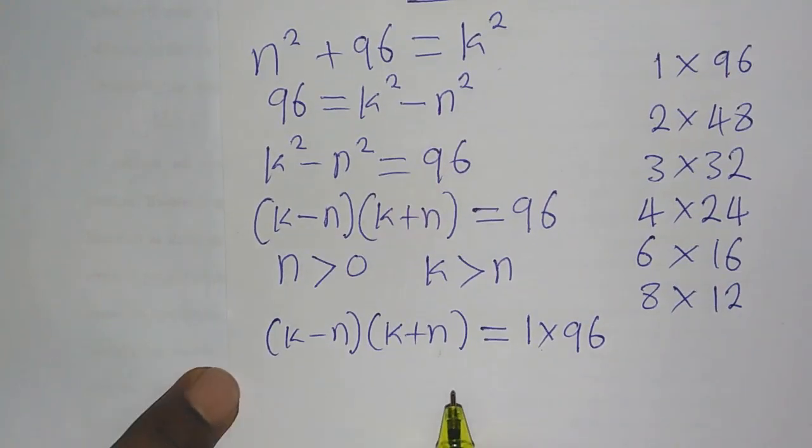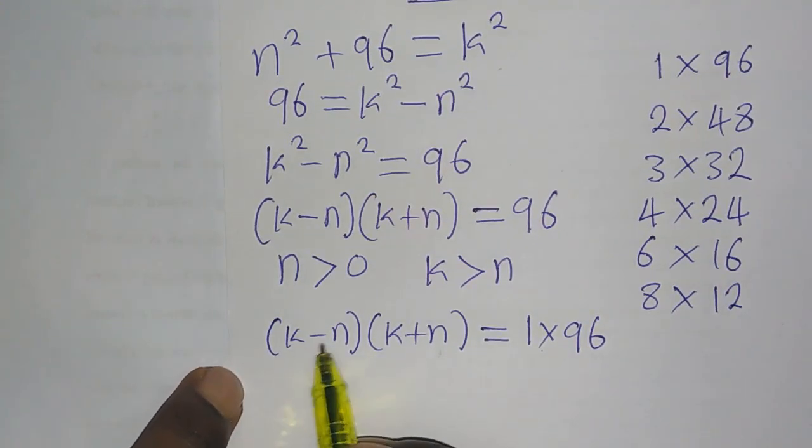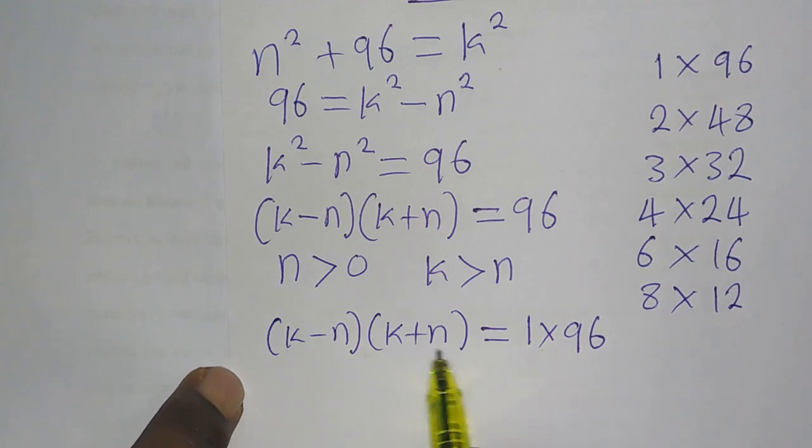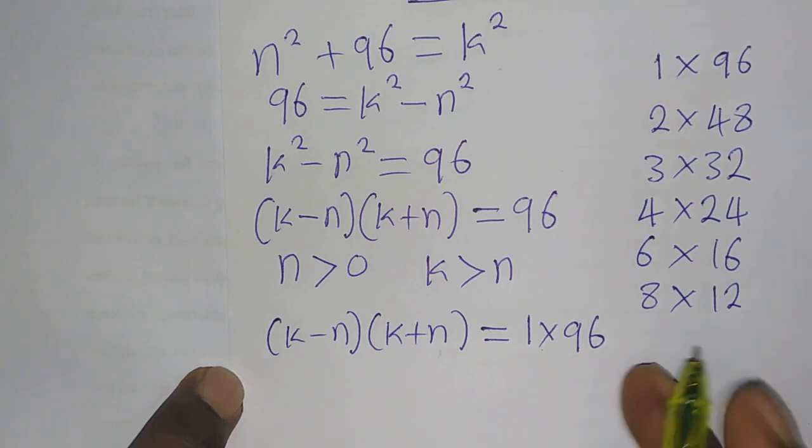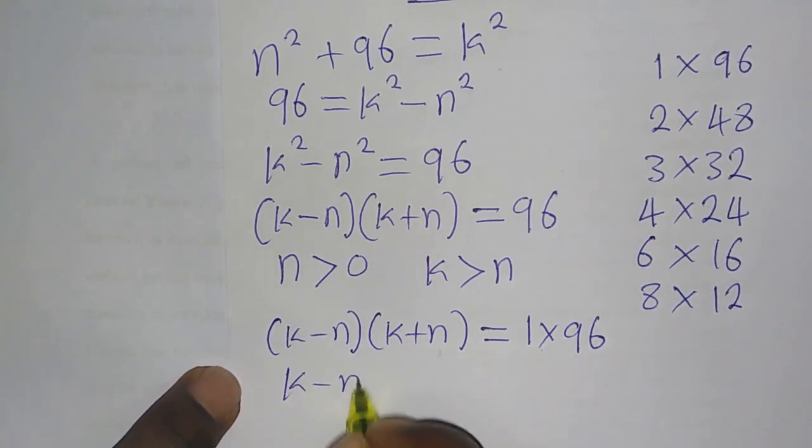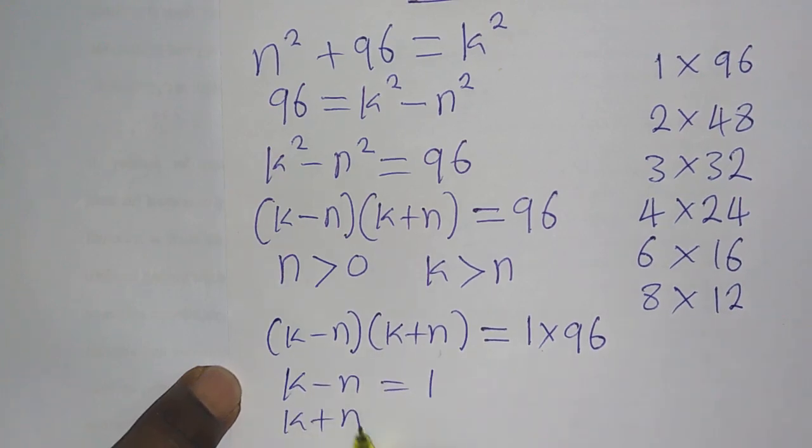And now, we equate k minus n with 1 and k plus n with 96.